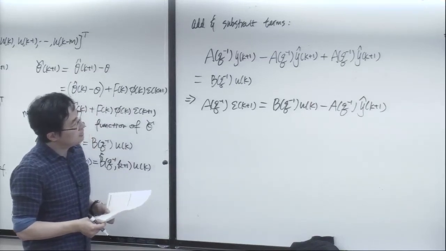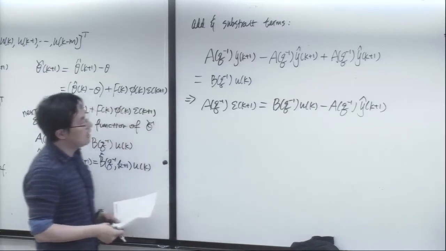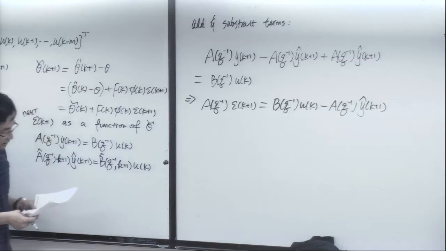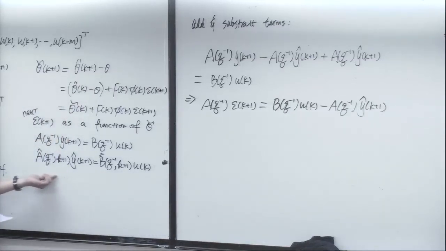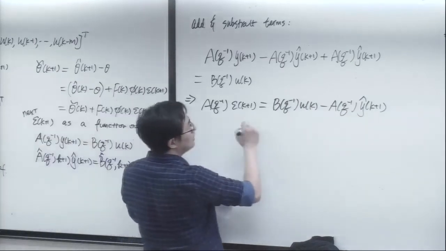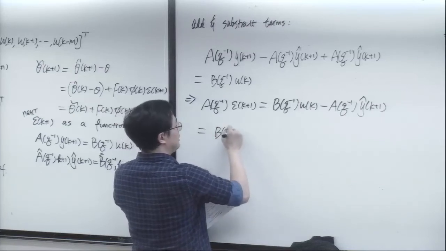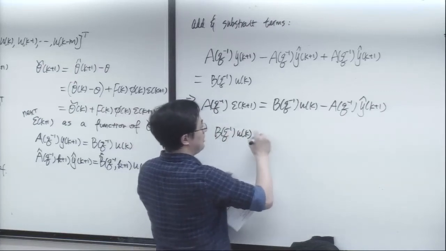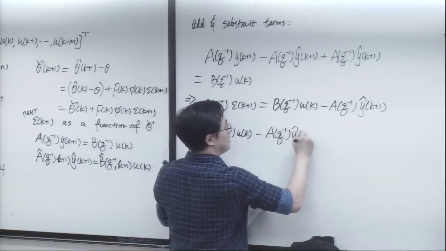All right. Now let's put in the second equation. Let's do this. So the right-hand side is going to be equal to this minus a q inverse y hat k plus 1.